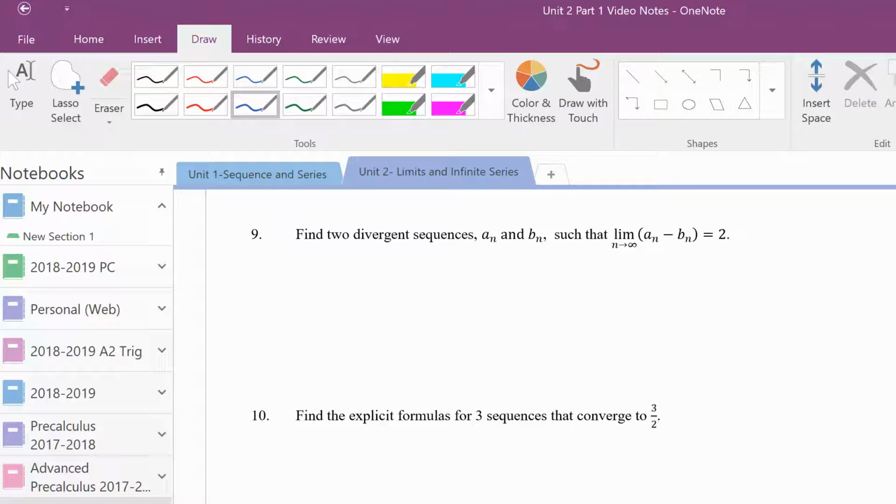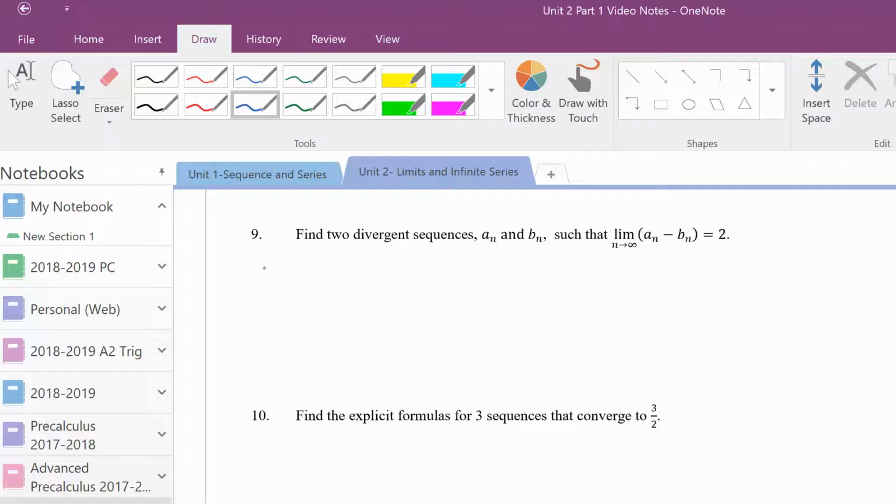Find 2 divergent sequences such that the limit as n goes to infinity of a sub n minus b sub n equals 2. Divergent means that if you find the limit of them, it goes towards infinity. But if you took the limit of the difference, it would be 2.